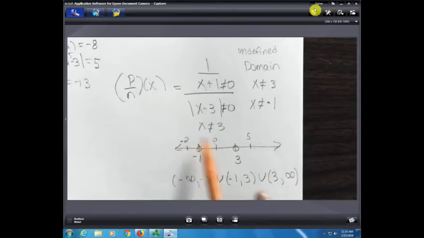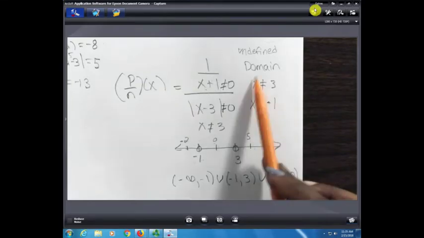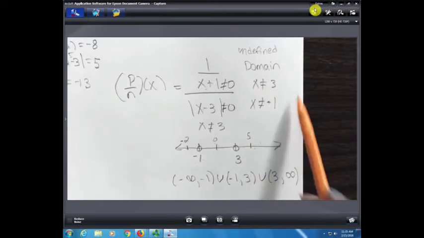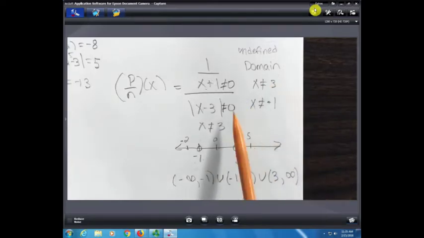Now if we tested some numbers here and it turns out that we couldn't use them, then we would have to eliminate that interval. But in this case, the numbers we tested were fine. So I'm only eliminating these numbers here. And this shows you why it's undefined at 3.